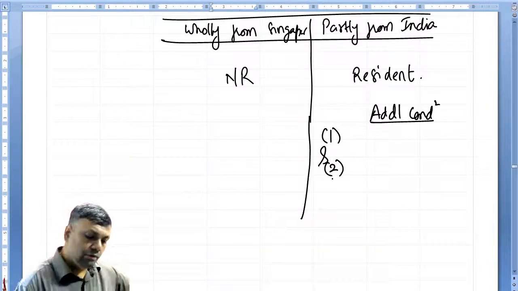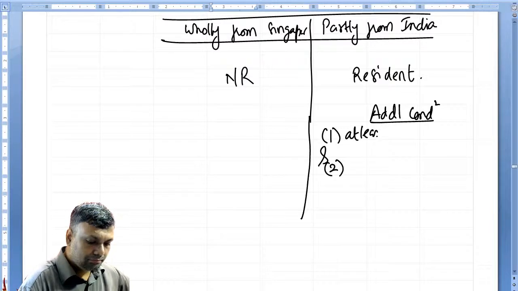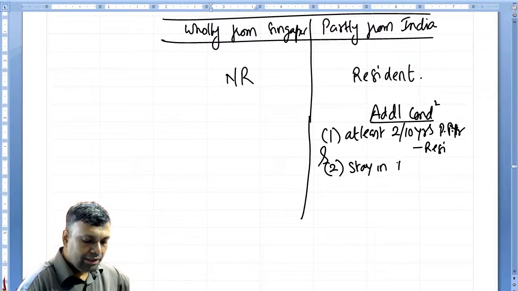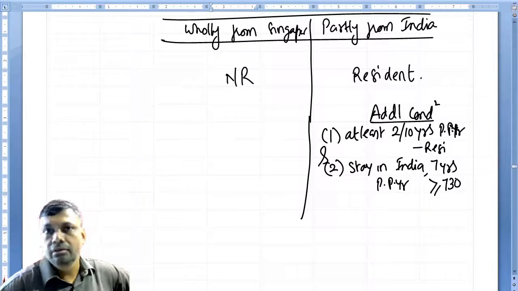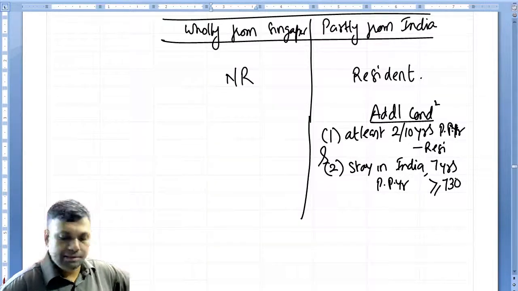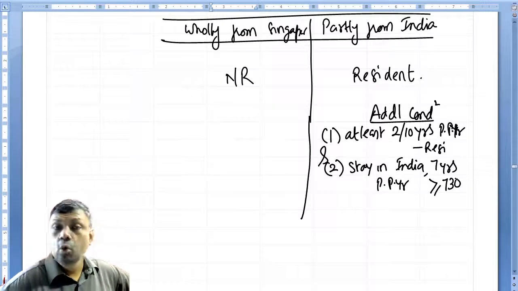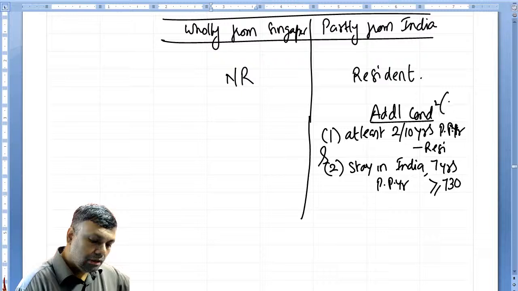So it is at least 2 out of 10 years preceding the previous year should be resident, and stay in India during 7 years preceding the previous year should be greater than or equal to 730 days. Same to same test. Who has to satisfy this? The Karta.